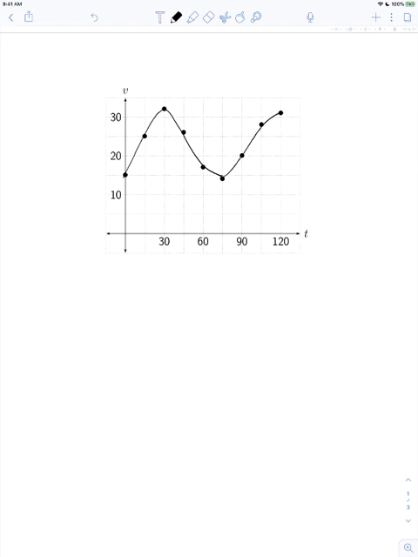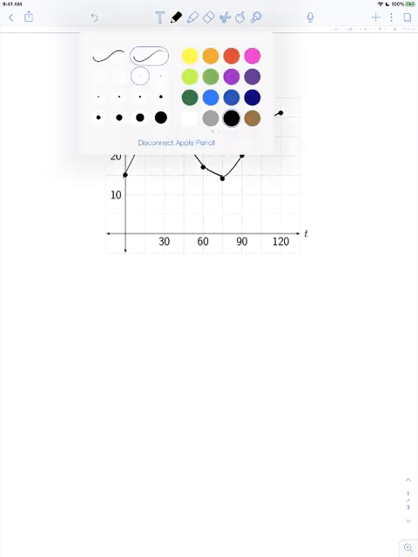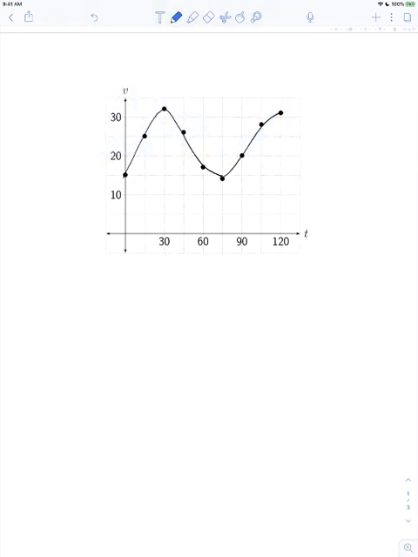We don't actually know that, but let's just assume for the sake of argument that it looks something like that. Now, if I wanted to find an upper estimate, then I shouldn't look just at the left endpoints or the right endpoints. On each interval, I should always choose the maximum to give me the height of my rectangle. So for example, on my first interval here, which is from 0 to 15 minutes, I see that this is an increasing function.